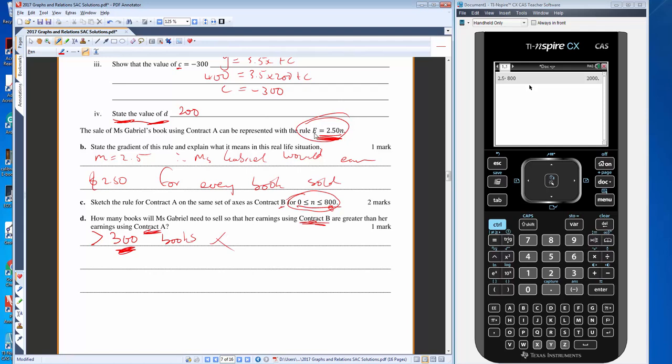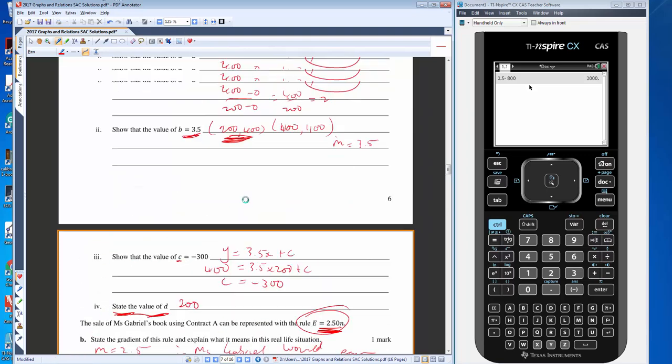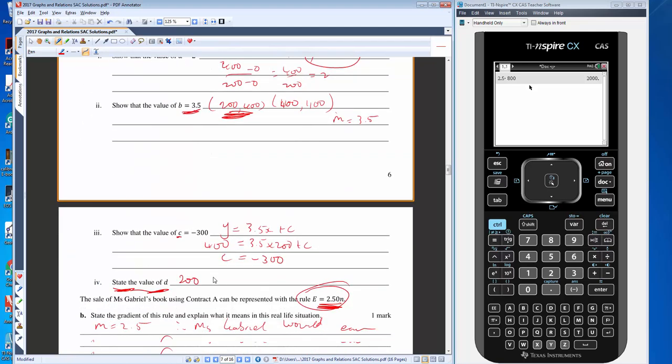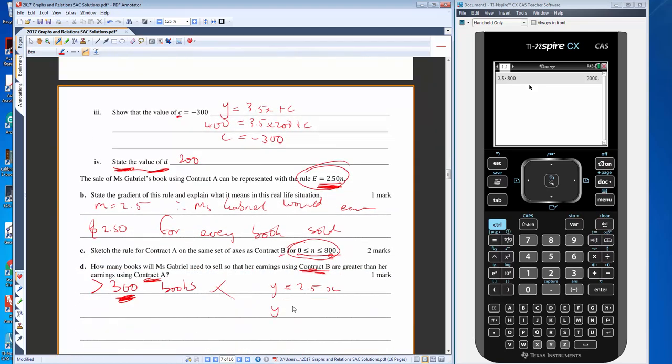You could have done it using simultaneous equations, so y equals 2.5x, and the other equation which it intersects is this one here, which is y equals 3.5x take 300. And once you did that, it would have said that x equals 300 and y equals a value that doesn't matter, and that was the value that you needed to interpret there to answer that one.